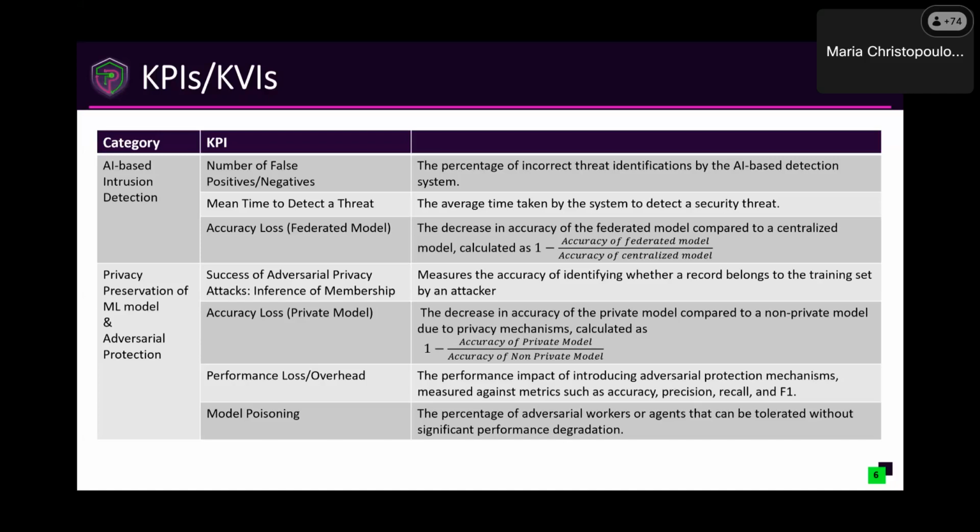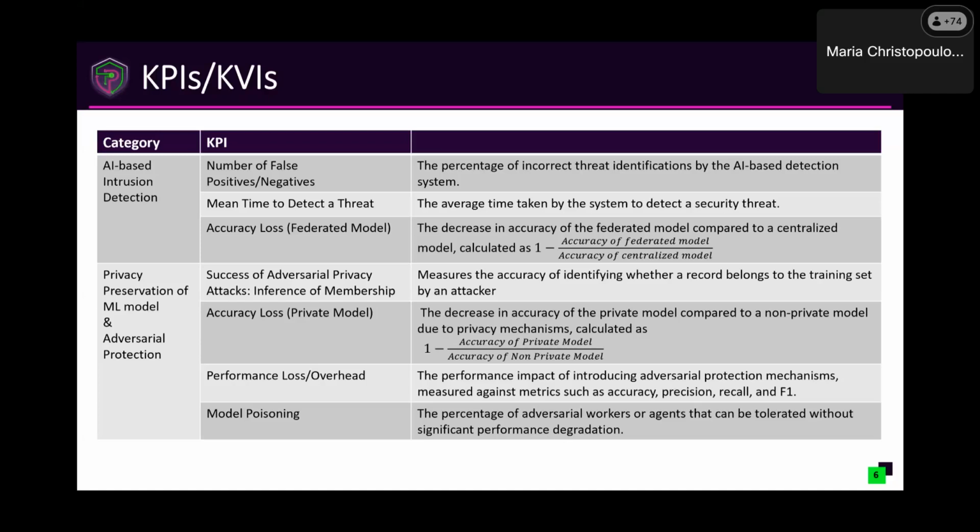Here I have only included the inference of membership. So, for example, the accuracy loss that you see here for the private model has to do with the decrease in accuracy when you use privacy mechanisms versus when you are not using such privacy mechanisms, and it has to do with the privacy versus accuracy trade-off.